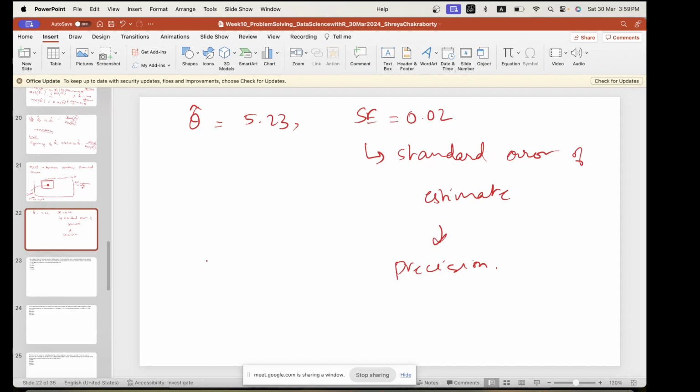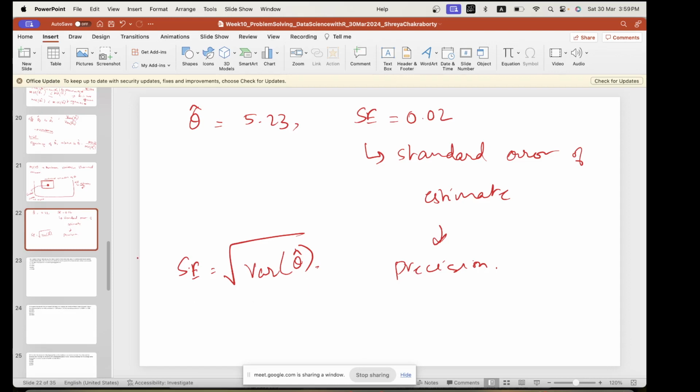Standard error is nothing but the square root of the variance of your estimate. So we learned efficiency, and we learned standard error.